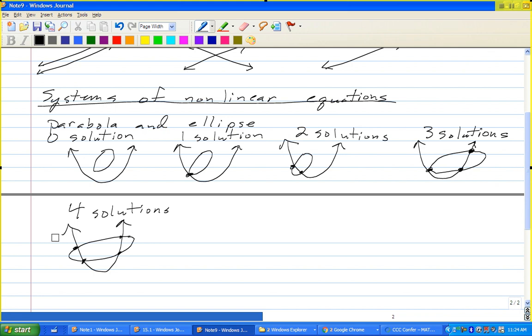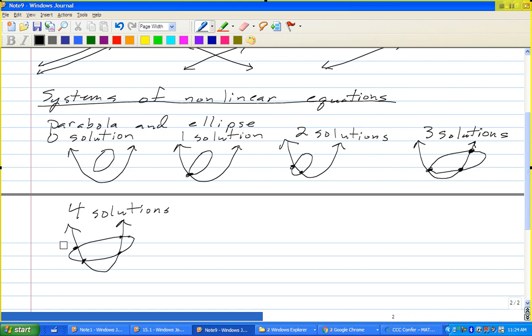Notice that with a set of nonlinear equations, you could have a larger variety of types of solutions. In this case, 0, 1, 2, 3, or 4 solutions. So with systems of nonlinear equations, it's not just 0, 1, or infinity. It could be other things.